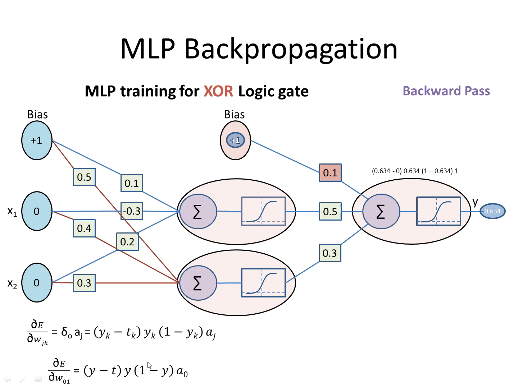So with this calculation, the current output is 0.634 minus the target 0, then multiplied by 0.634 times (1 minus 0.634), and a0 is 1, a1 that we have received as 0.525. Accordingly we'll move ahead with this calculation.